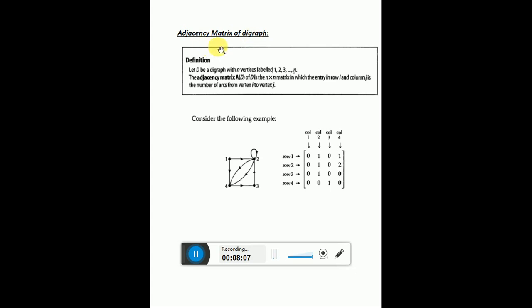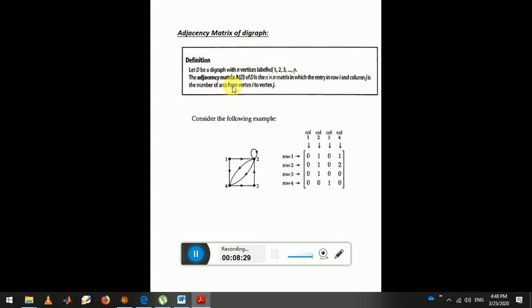Now, adjacency matrix for digraph. As we know, a digraph is the same as a graph, but the edges are converted into arcs. Edges have directions. So let D be a digraph with n vertices. Again, same labeling from 1 to n.